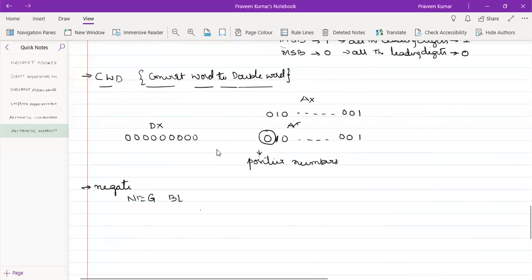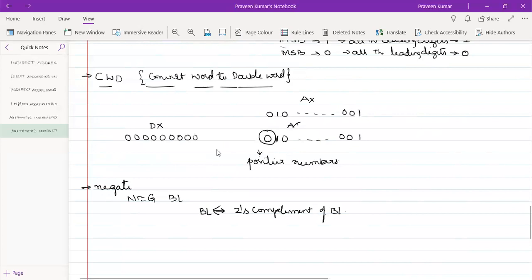So BL value will become the 2's complement of the BL register. If I give a positive value in BL, it will make the 2's complement of that number and place it again in the BL register.